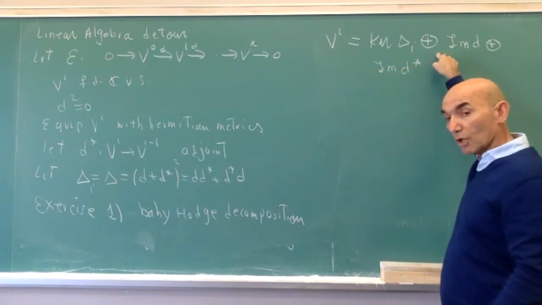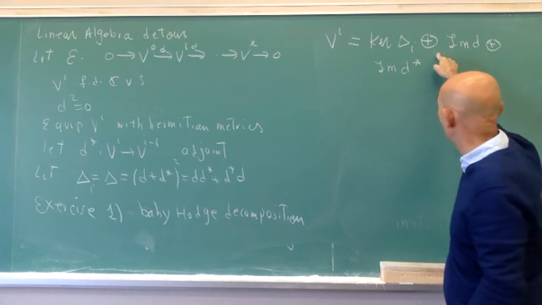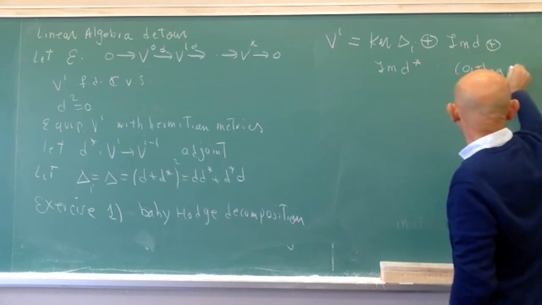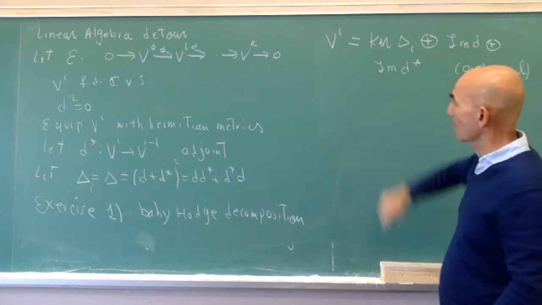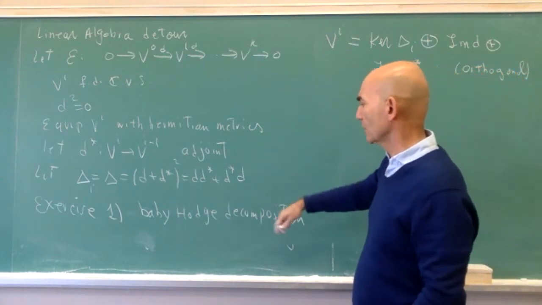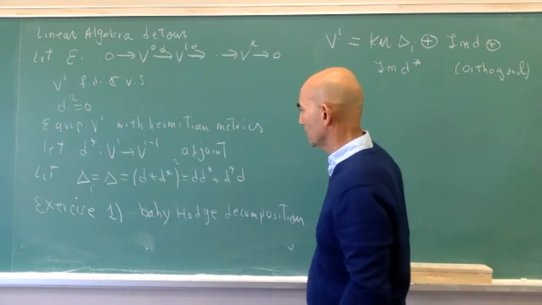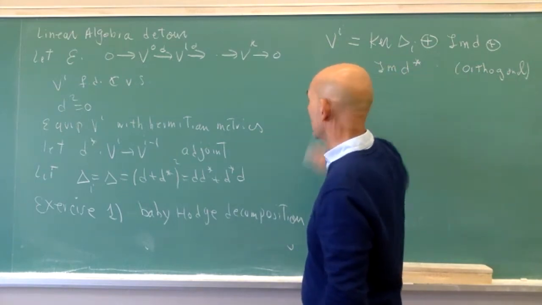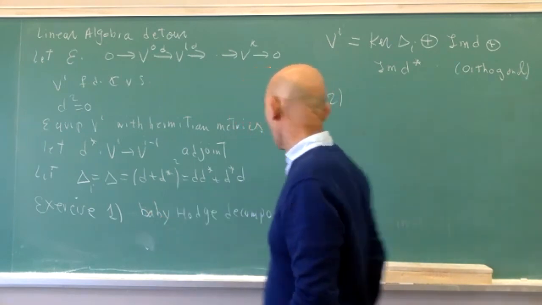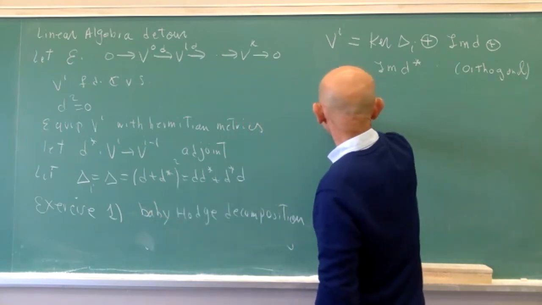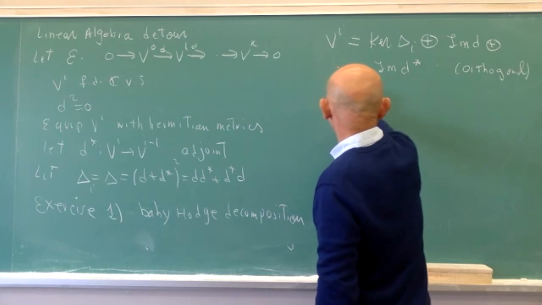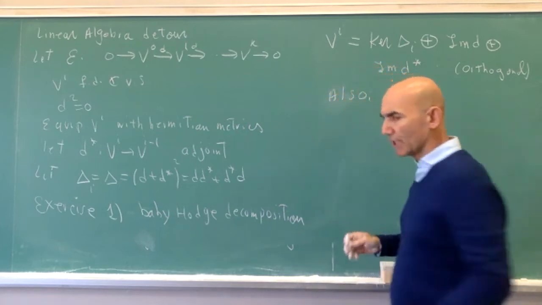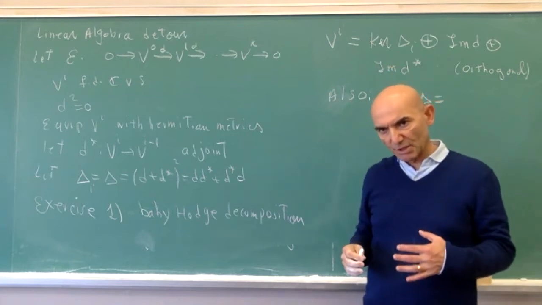This is an orthogonal direct sum decomposition. Everything is finite dimensional, that's why it's baby Hodge, but that's okay. And the second statement is that the natural map. I also want you to notice that the kernel of delta is equal to the kernel of d intersected with the kernel of d star.